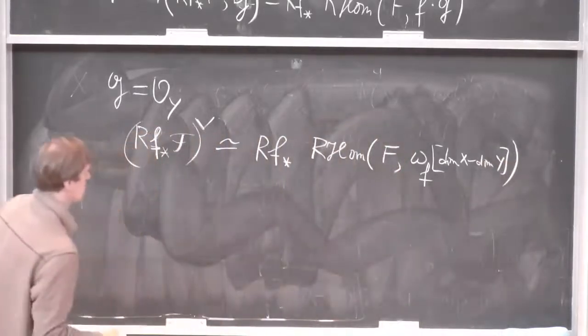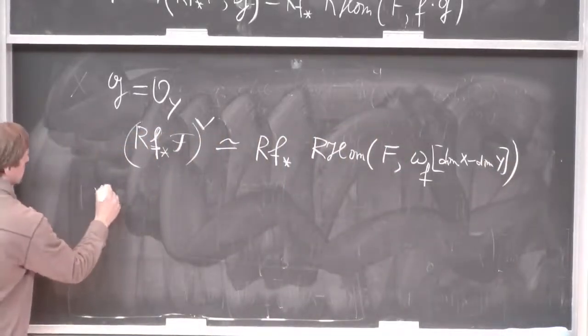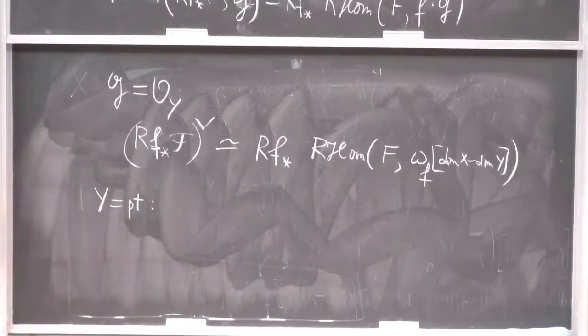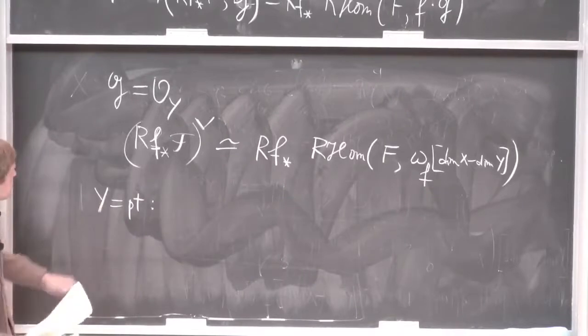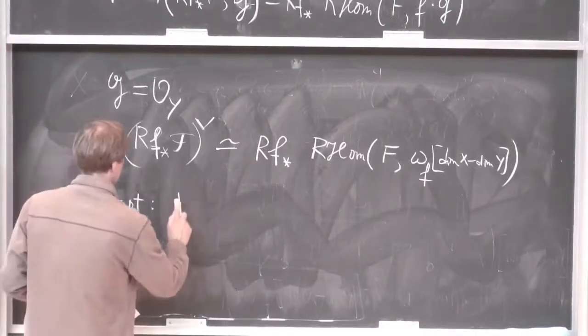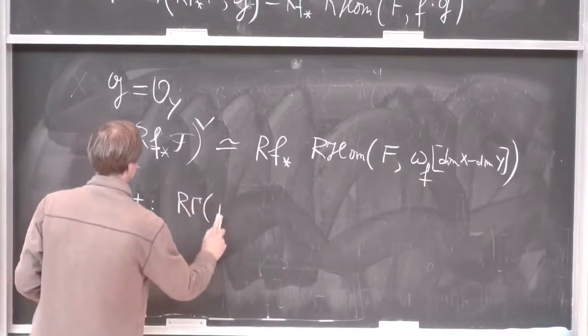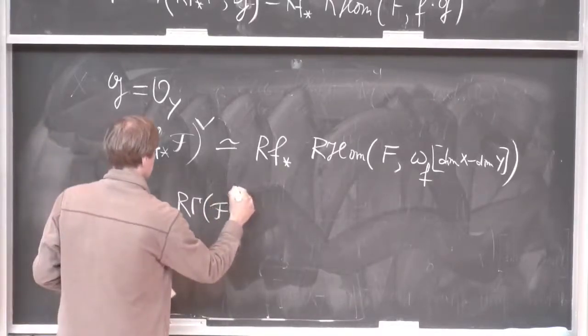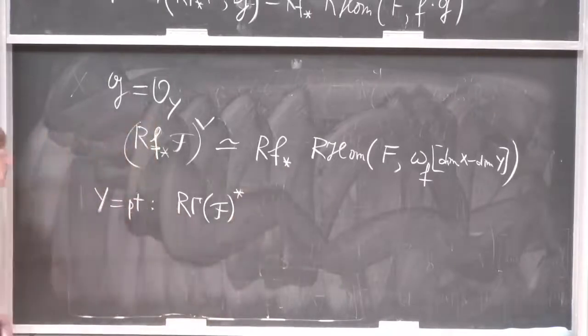So in the case when Y is a point, then this says the following. The left-hand side becomes RΓ of F, and then we just take the dual of this as a vector space or graded vector space.